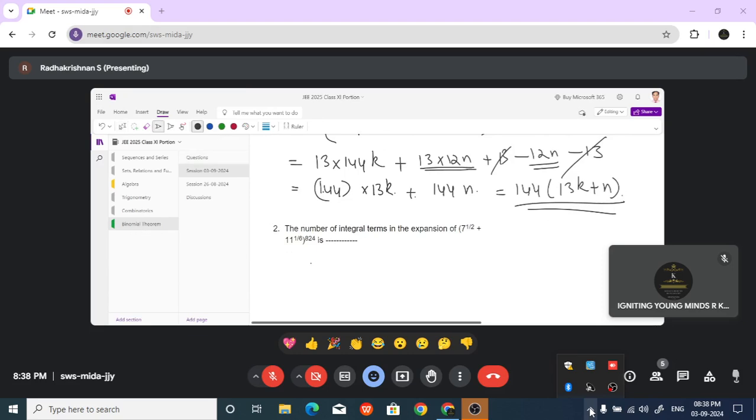The given expression is 7 power half plus 11 power 1 by 6, whole power 824.